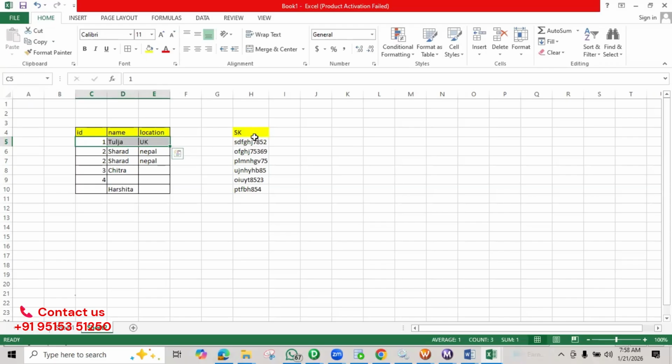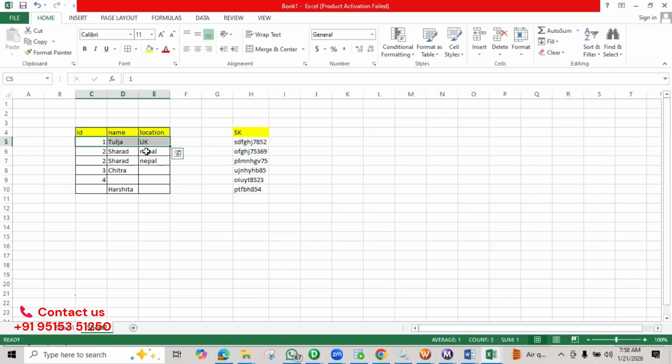Without changing the data, we cannot change the surrogate key. But if we make any update on any record, then it will get changed, because the surrogate key was assigned for this record. If we change UK to US, a new surrogate key will be generated.